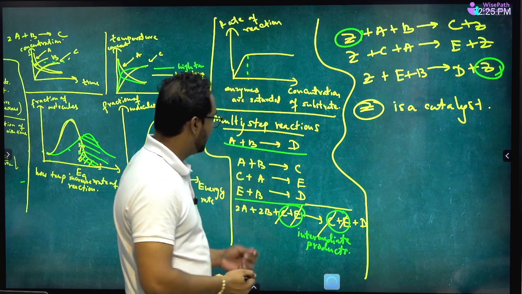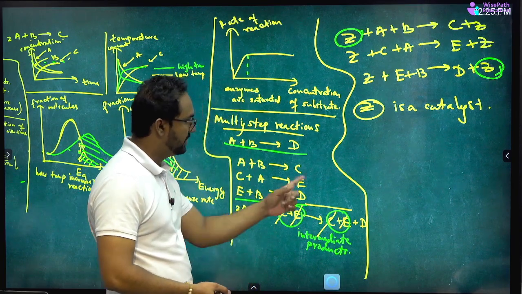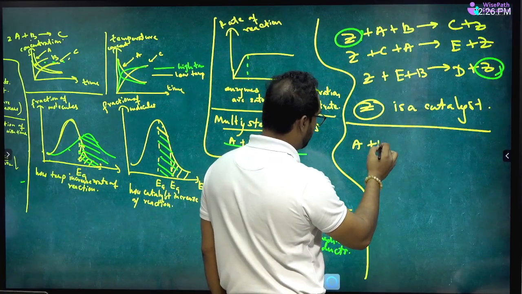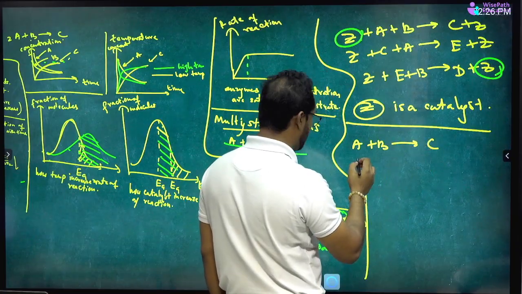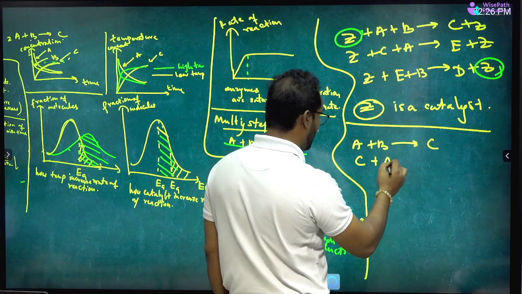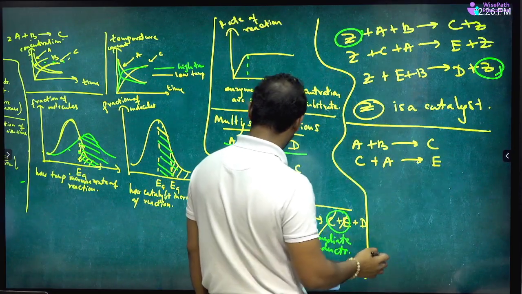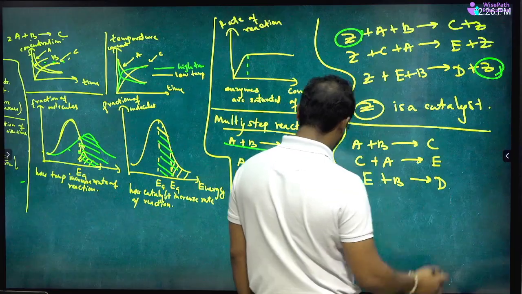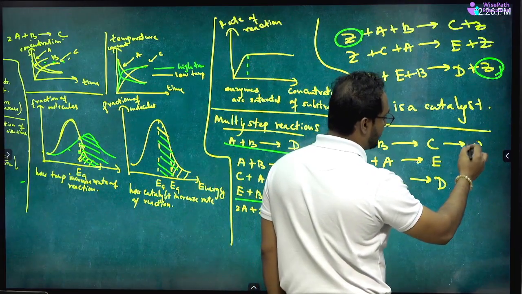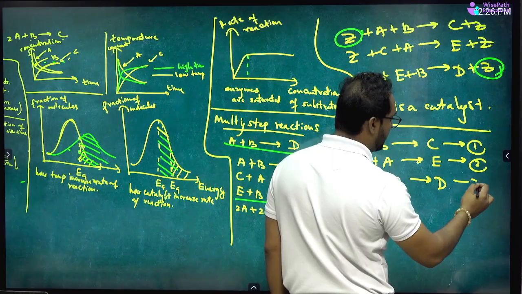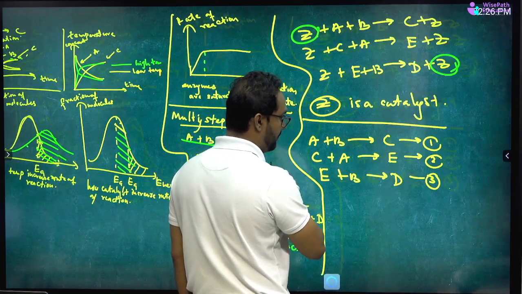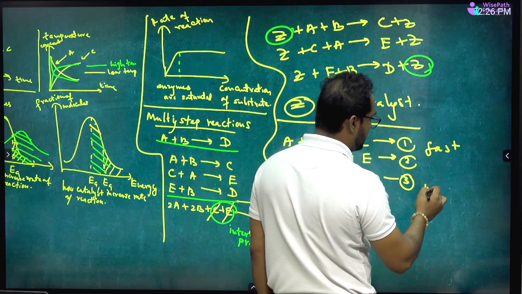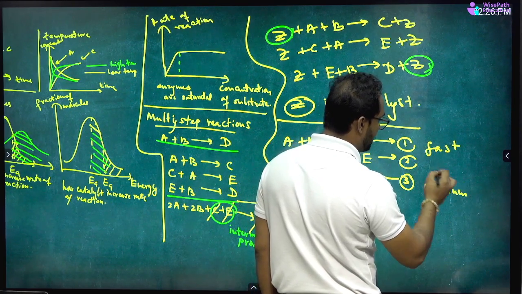And the last one is in a multi-step reaction. Out of these three reactions, A plus B is producing C, then C plus A producing E, and E plus B producing D. Out of these three reactions, 1, 2, and 3, this is fast, this is medium, this is slow.